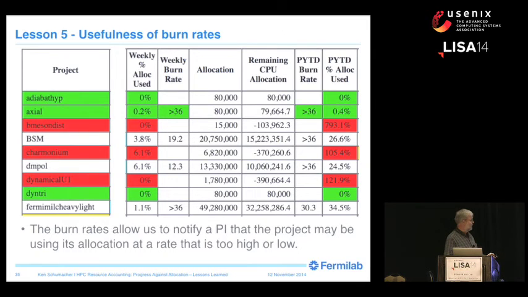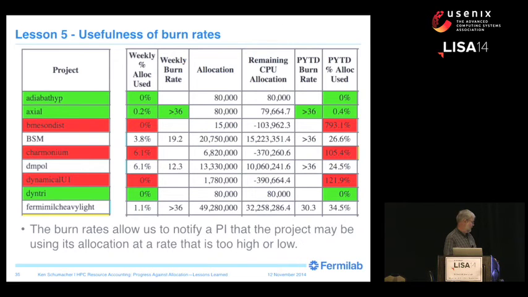And if they continue to run at the rate they ran this week, they would use up the rest of their allocation in 19.2 weeks. That's a little early for some of the papers you're going to have done at the end of the year, but that's just this week. If you actually look at their year-to-date average, basically, it's still going to take them more than 36 weeks. They were running much faster this week than they have been before.